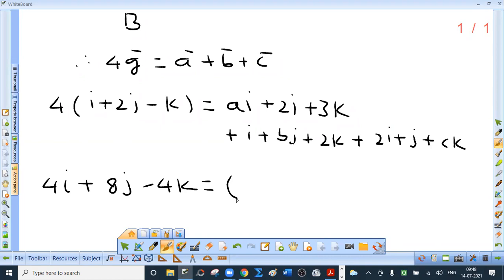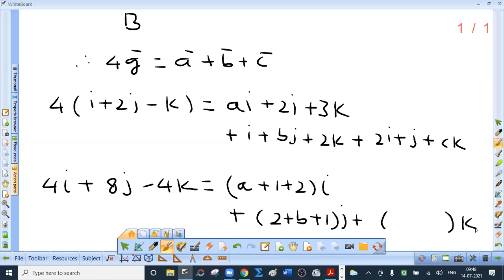I think you should get a plus 1 plus 2 i. Okay, take j cap common. So it is 2 plus b plus 1 j. Now take k cap common. So that gives me what? 3 plus 2 plus c. Is it?